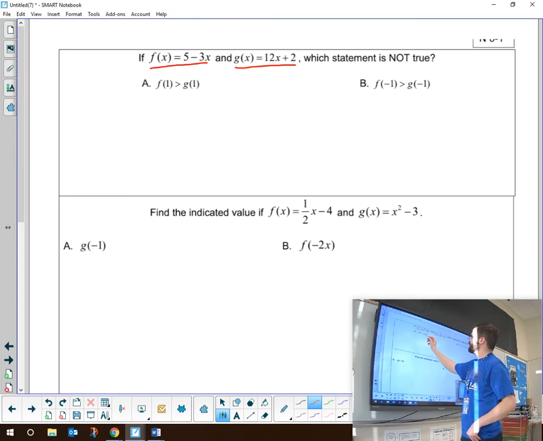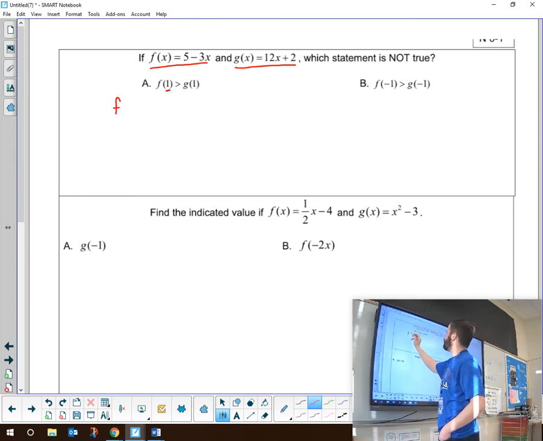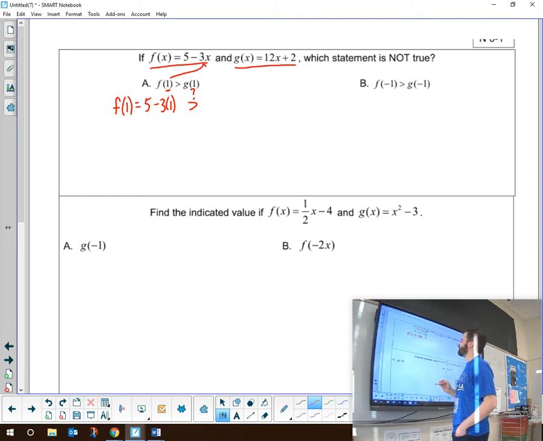So we plug in this 1 here into f of x. So we'll go like f of 1 equals, and we'll take that 1, we'll plug it in for that x. So it's going to be 5 minus 3 times 1, and we're asking, hey, is that greater than g of 1? So we'll plug this in over here too. We'll go g of 1.